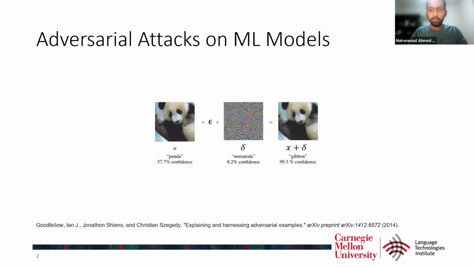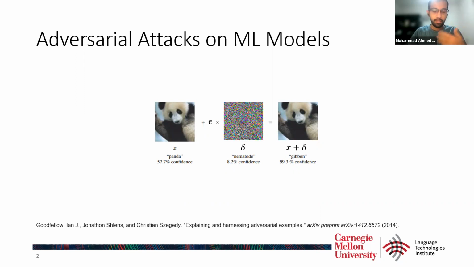So I think many people have already seen this photo, the classical example of an adversarial attack, in which you have a photo of a panda. Then you add a very small amount of noise to it to get the third photo, and a neural network that was previously able to classify the first one as panda now classifies the third one as some other animal.